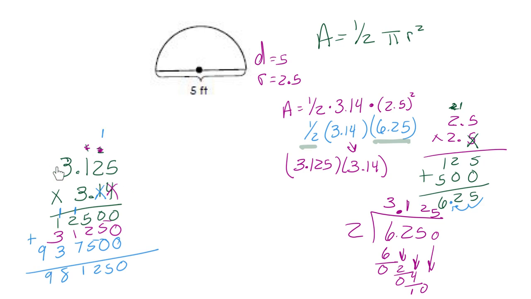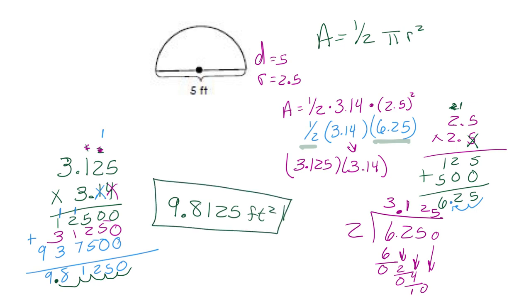Okay, now looking at the problem we have, I have 1, 2, 3, 4, 5 digits behind a decimal. So the last step I need to do is add that in. 1, 2, 3, 4, 5. My decimal would be right here. 9.8125 feet squared. That is the area of this semicircle.